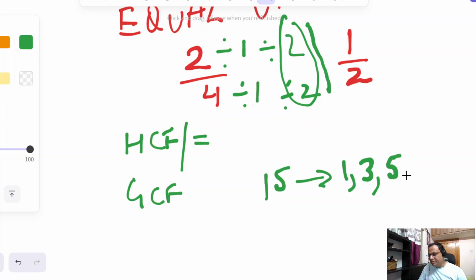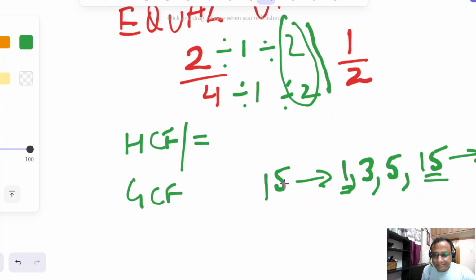It also comes in the table of 5. Anything else? No 6, no 7, no 8, no 9, no 10, no 11. Then straight away 15. Always remember, 1 and the number itself will always be factors of any number. Beyond that, you won't get any. 15 will be the highest factor of 15, so the number itself will always be the highest factor of that number.